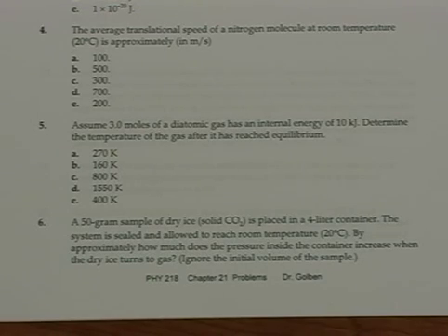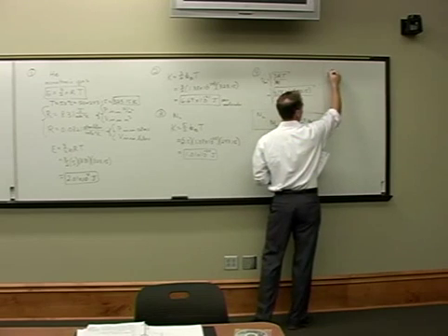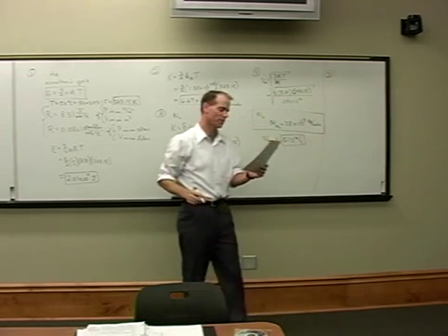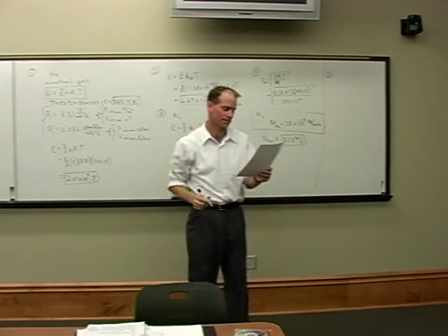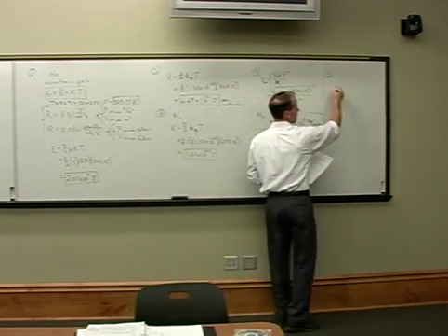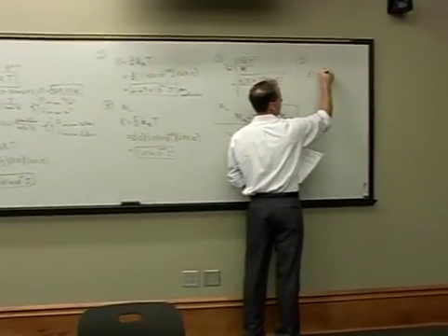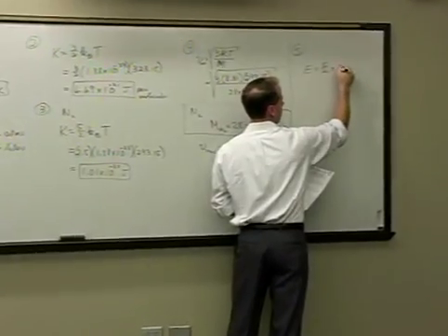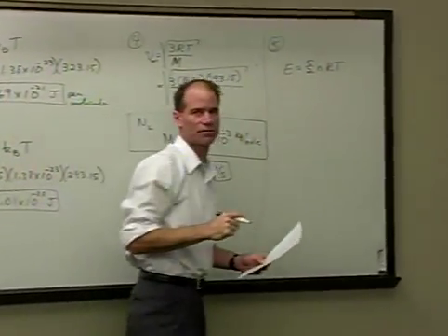Problem number 5. Assume 3 moles of a diatomic gas has an internal energy of 10 kilojoules. Determine the temperature of the gas after it has reached equilibrium. All right. Well, we have 3 moles of a diatomic gas. Now, for diatomic gas, the energy is 5/2 nRT because we have those extra 2 degrees of freedom.